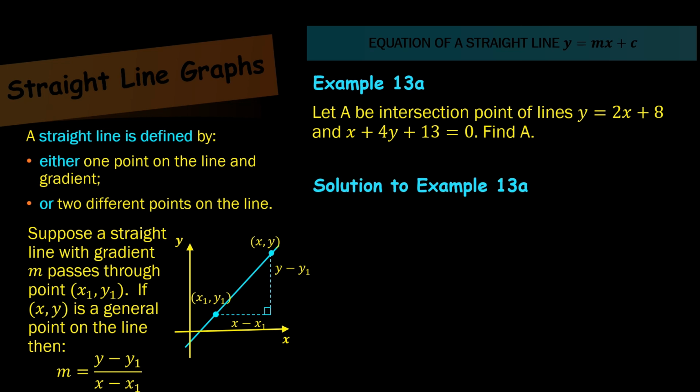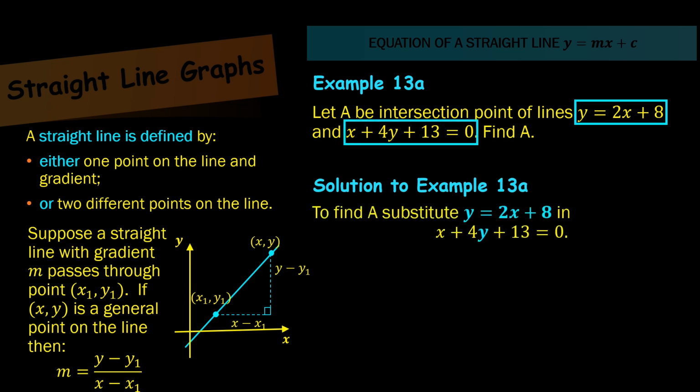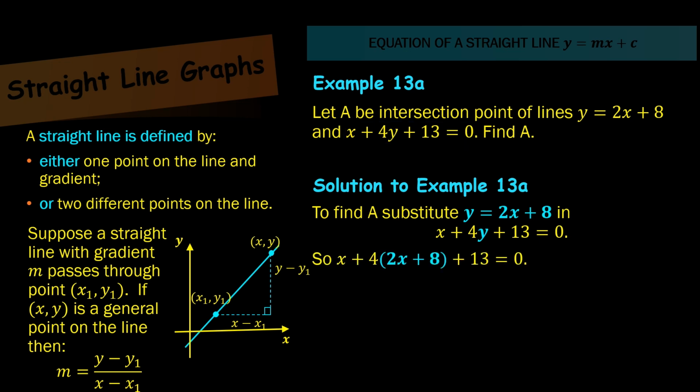In order to find A, substitute the equation y equals 2x plus 8, as highlighted, into the equation x plus 4y plus 13 equals 0, which is the other equation which has been highlighted. So we have x plus 4 times y, which is 2x plus 8, plus 13 equals 0.